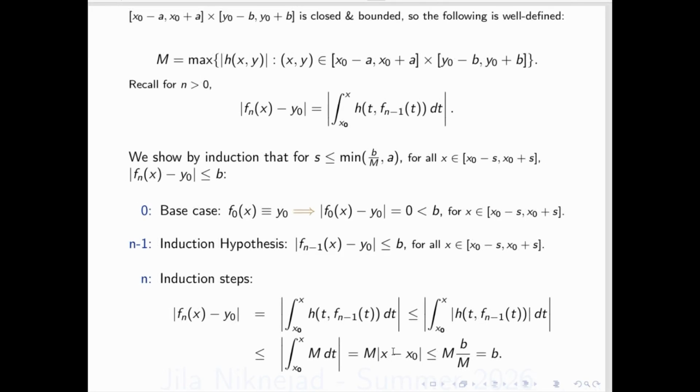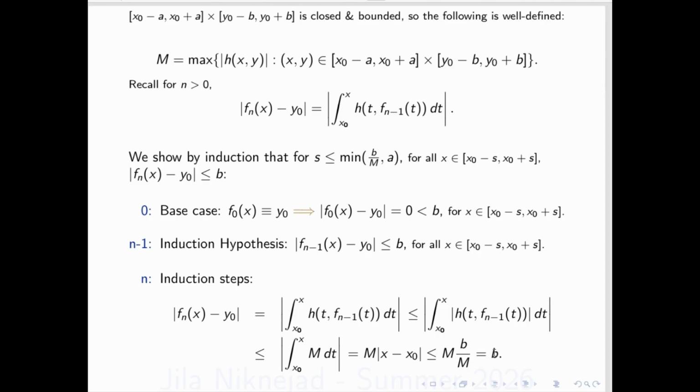Because x is in the closed interval x naught minus s and x naught plus s, we know that s is less than b over m. We know that the absolute value of x minus x naught is less than or equal to s, less than or equal to b over m.